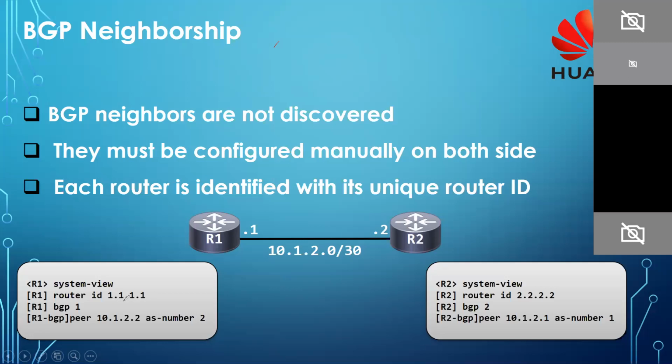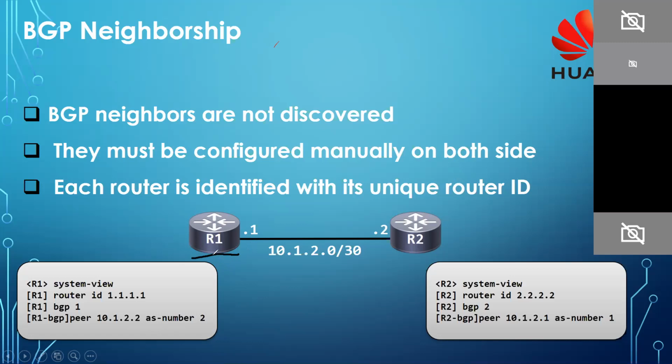If you don't specify a router ID, the router will choose the highest numerical value of its loopback interfaces. It will check all its loopback interfaces and choose the highest value. If the router doesn't have a loopback interface, the router will choose the highest IP address on its physical interfaces.